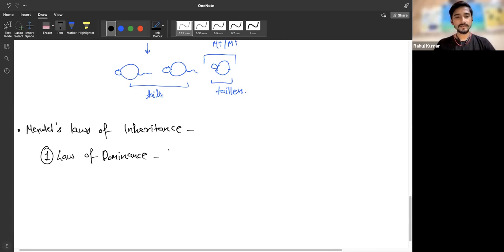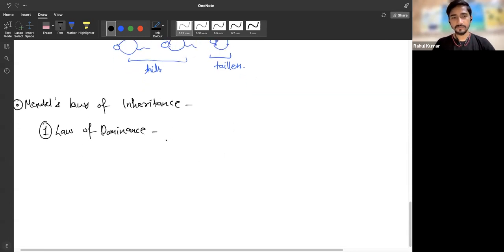All these laws came from Mendel's work, but they were not given as laws by Mendel himself. So you have to remember that. The status of laws was given by 3 scientists independently, mainly Hugo de Vries. We will talk about it later, but let's start simply as Mendel's laws of inheritance.